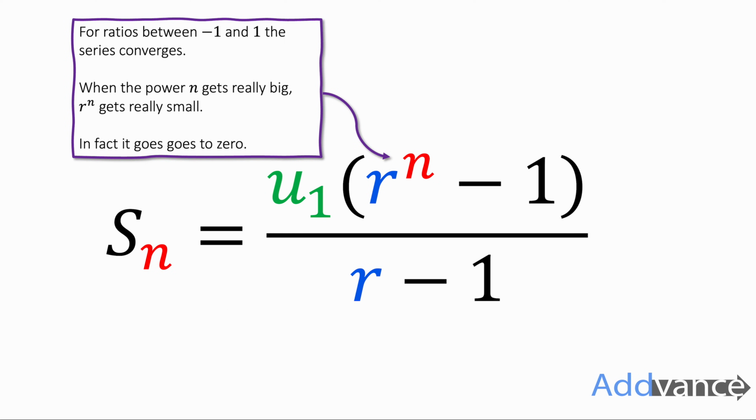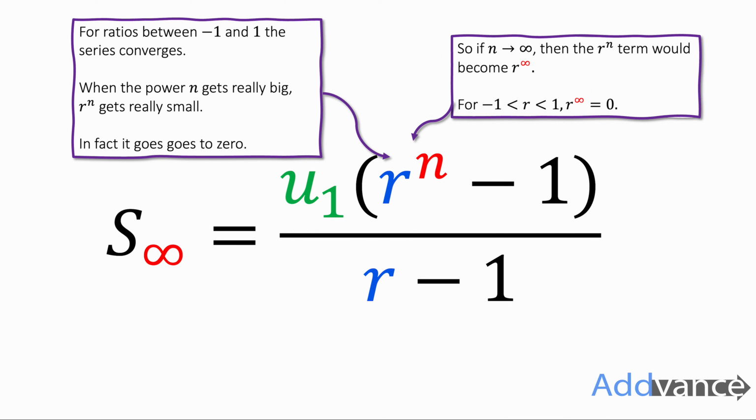We can do something interesting with this formula now. For ratios between minus 1 and 1, geometric series converge. When n gets really big, r to the power n gets really small, specifically for ratios between minus 1 and 1. In fact, it goes to 0.